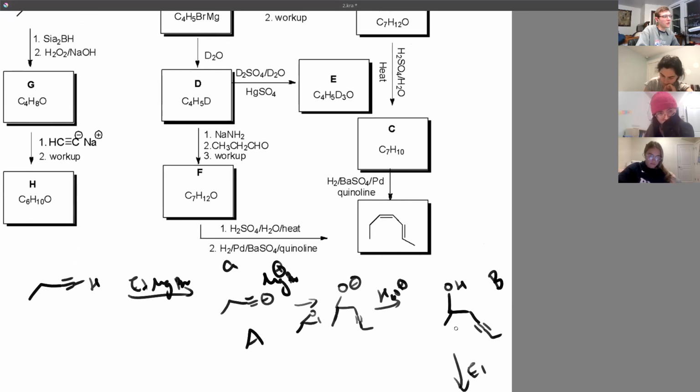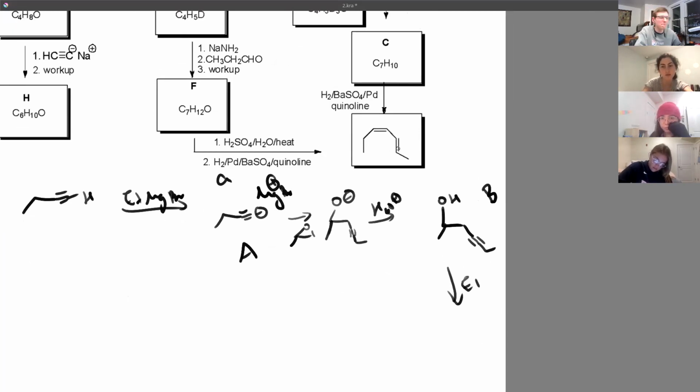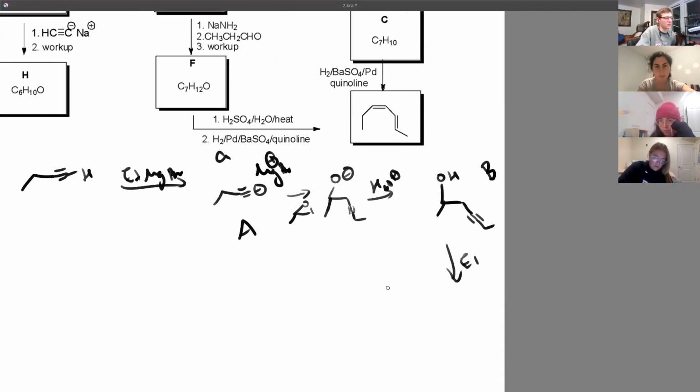Are we going to make the trans or the cis alkene? I guess here it shows the trans alkene, but we'll kind of make both. This will make the trans alkene slightly more because it's a little bit more favorable. Whatever. Let's just say we make the trans alkene, make our lives a bit nicer.